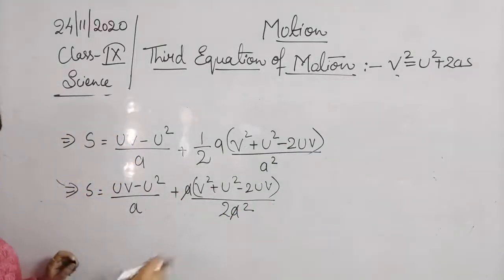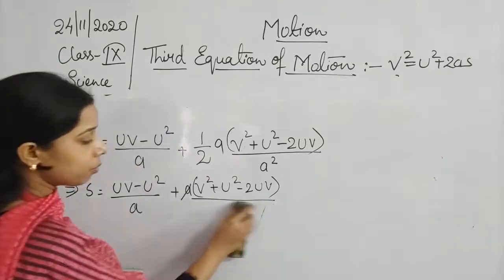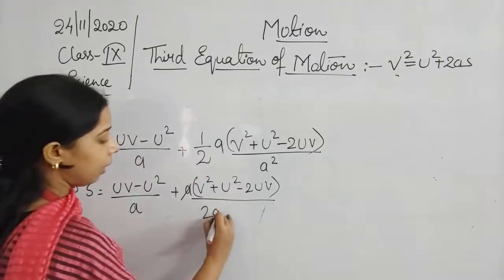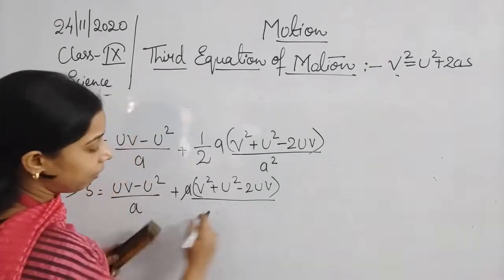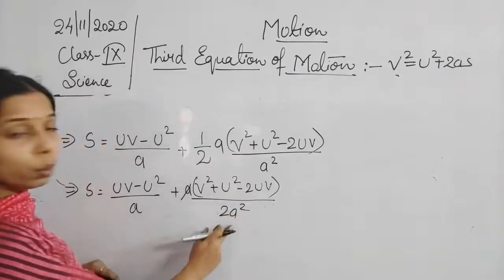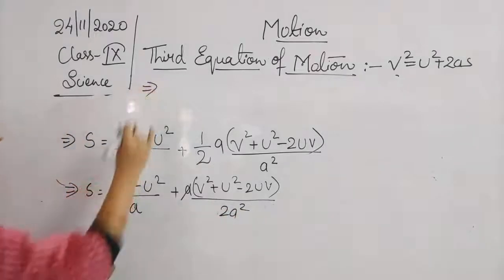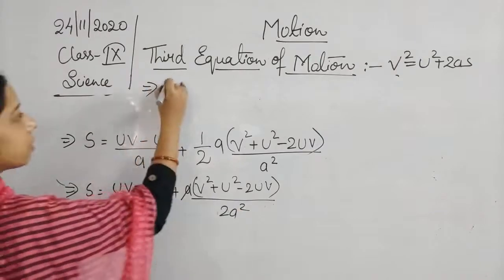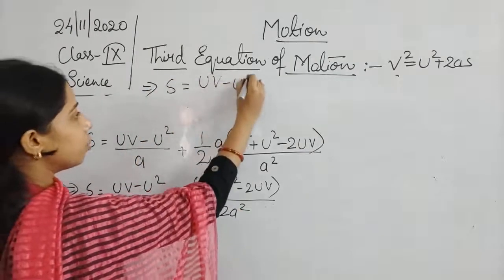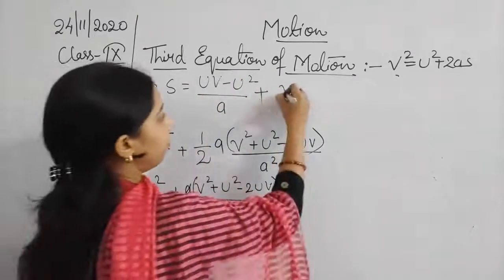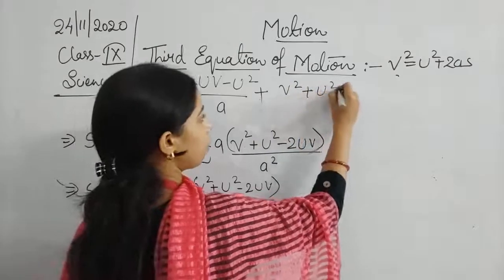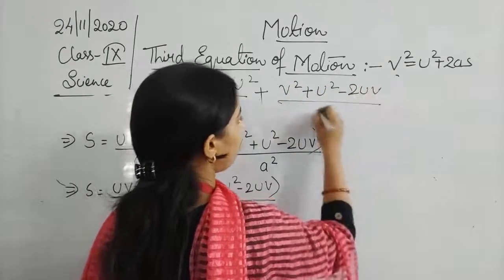So it will be 2A only. Okay. How did this 2A square come, students? It will be 2A into A. That is why it is written as 2A square. So if one of the A cancels, it will be 2A only. So we can write it now. That is S is equal to UV minus U square upon A plus V square plus U square minus 2UV upon 2A.